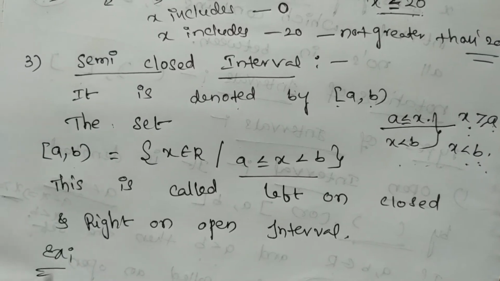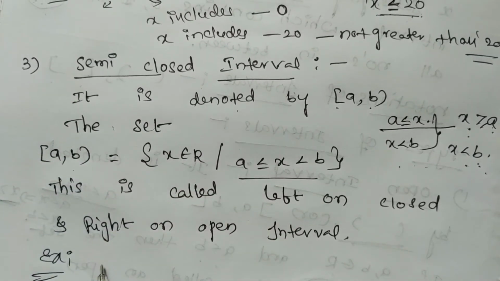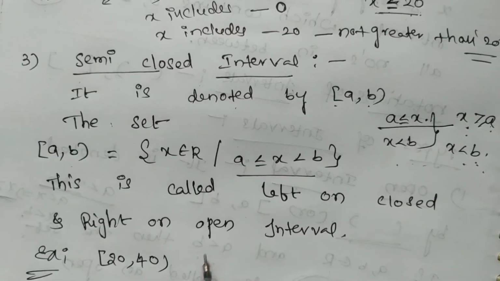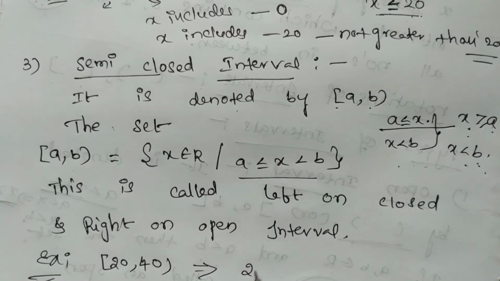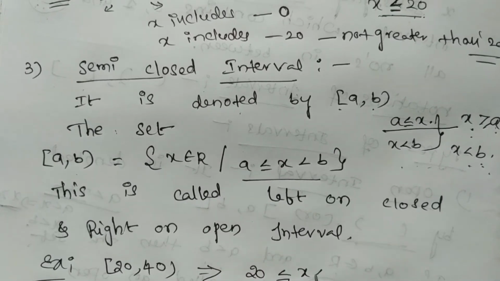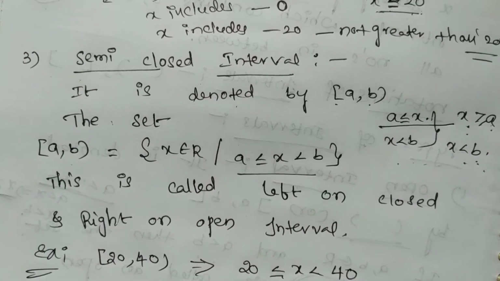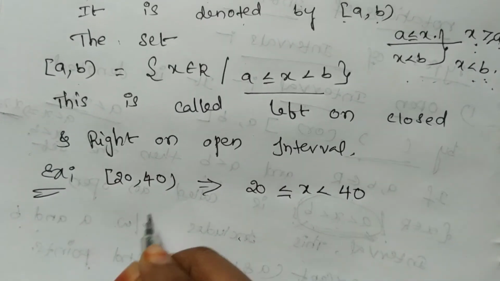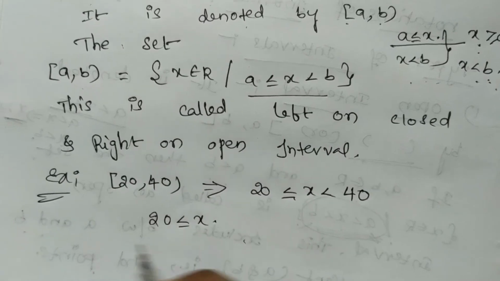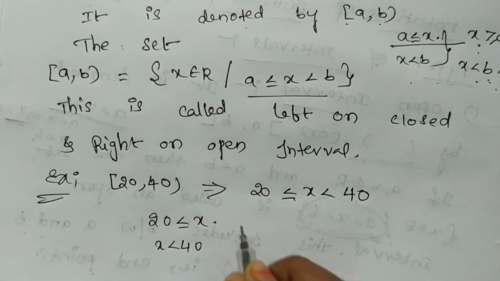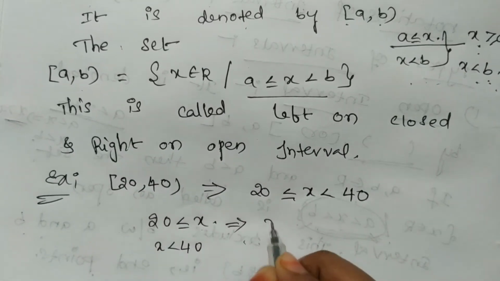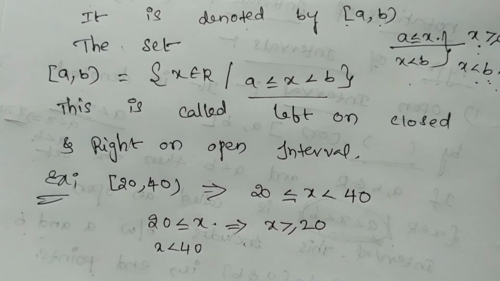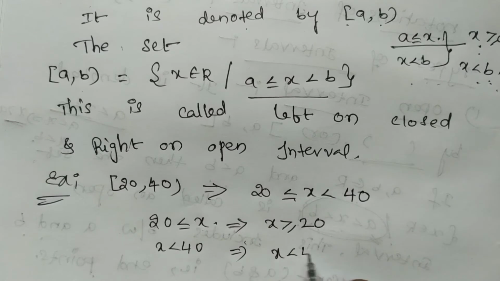For example, I am taking [20, 40). This can be written as 20 less than or equal to x less than 40. So 20 less than or equal to x means x is greater than or equal to 20, and x less than 40.